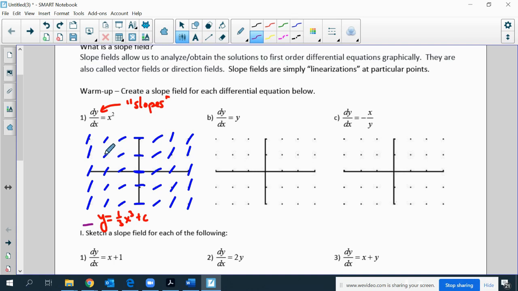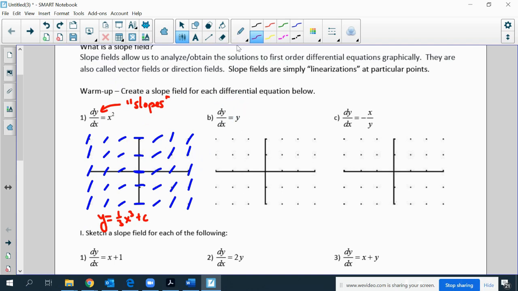Now, if this is where it is, it would follow something similar, so we end up with another 1/3 x cubed. I didn't draw that great, but if I draw this one, it would follow the path again. So all of these look like 1/3 x cubed graphs.